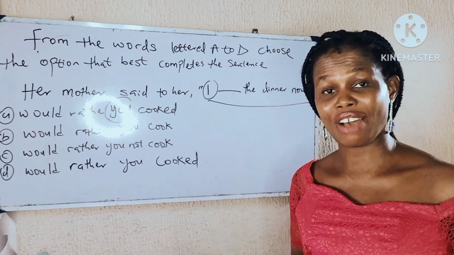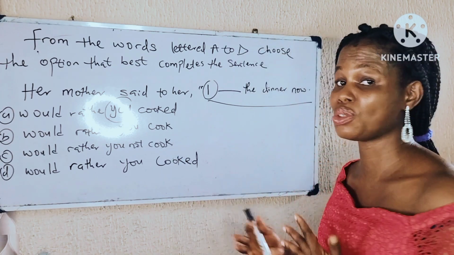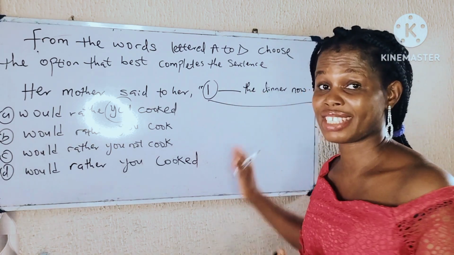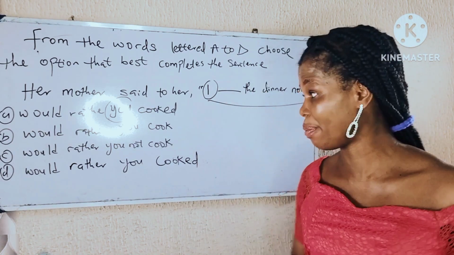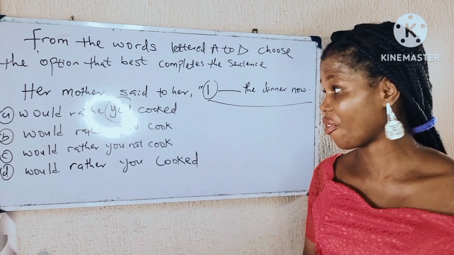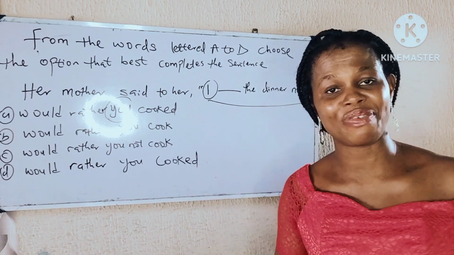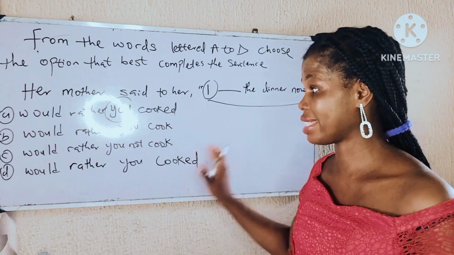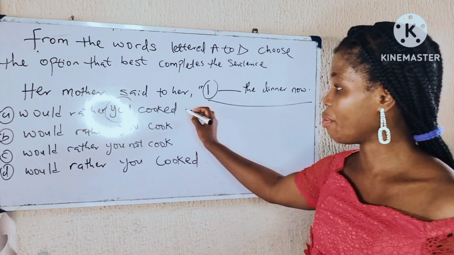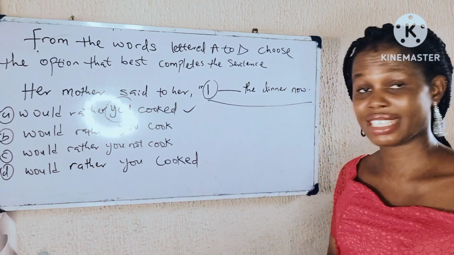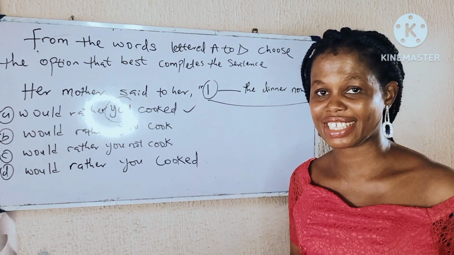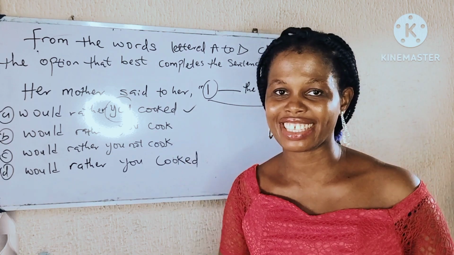So when you have a sentence that contains would rather that has two subjects, one in the part that contains would rather and one in the part that expresses the preference, referring to two different individuals, we're going to use a verb in the past tense like I mentioned earlier. So that will make option A the correct answer. Cooked is in the simple past tense.